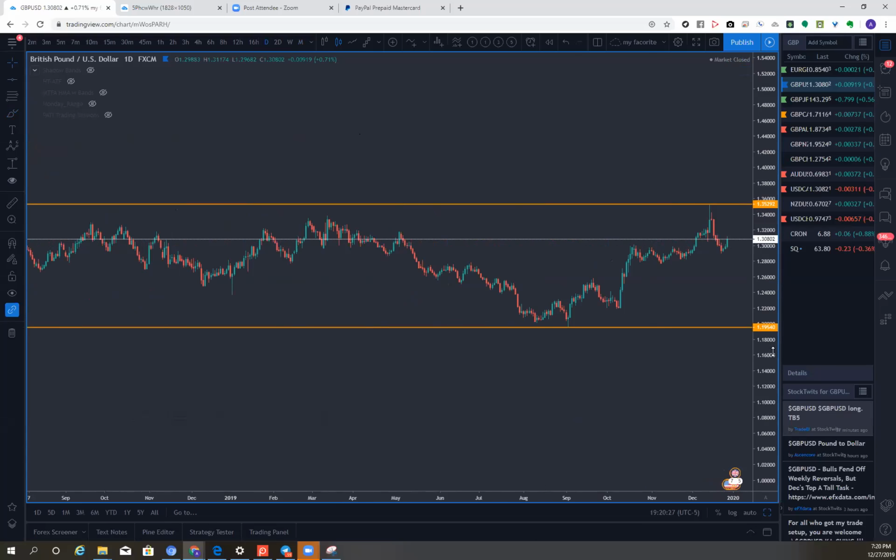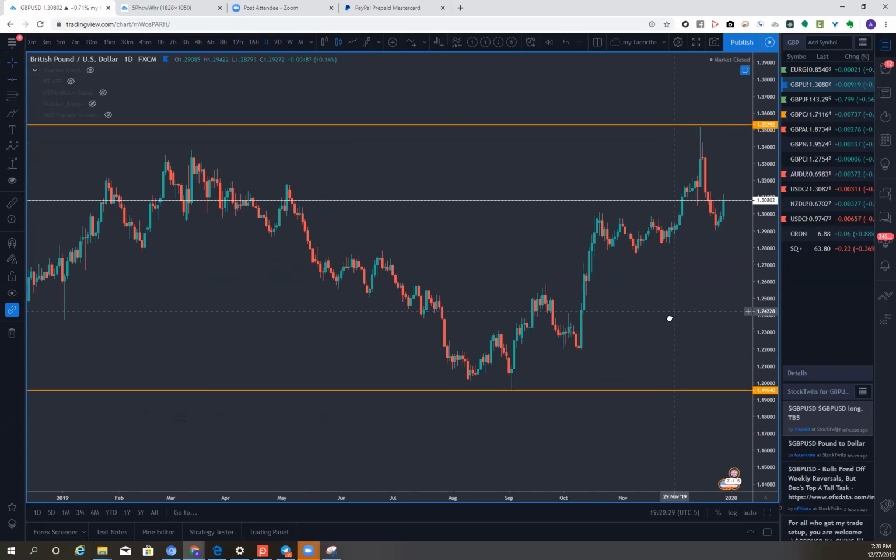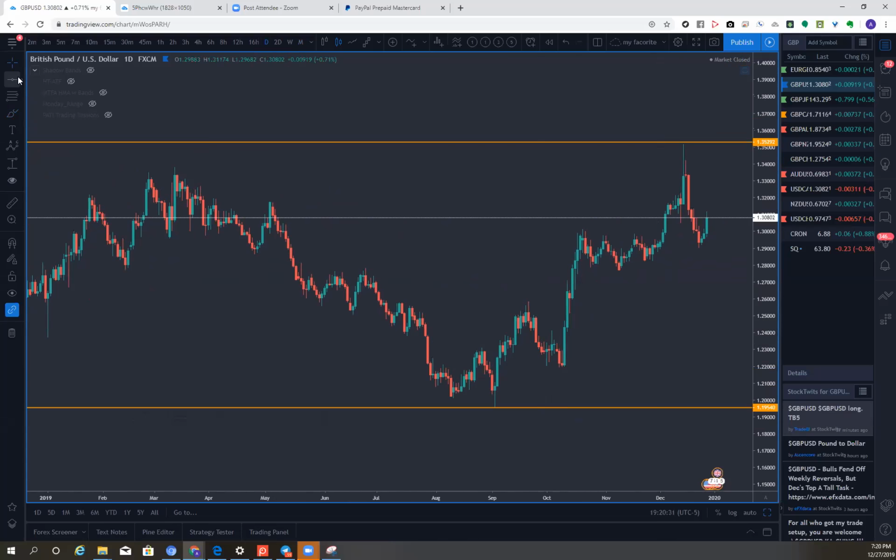What you can see here, before we started this big up move, is an extended run down that literally started from early March of '19. The thing about institutional trading, guys, is it's really about understanding when time and price relationships meet.